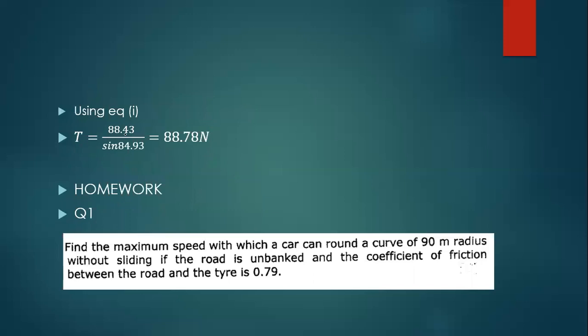And that is what we have here, 88.43 over sine theta, and we get our tension like that. So, yeah, that is how we solve examination questions, and that is how you get an A+ in physics.